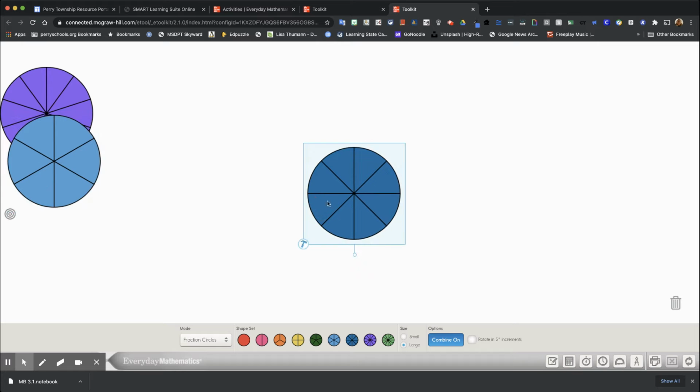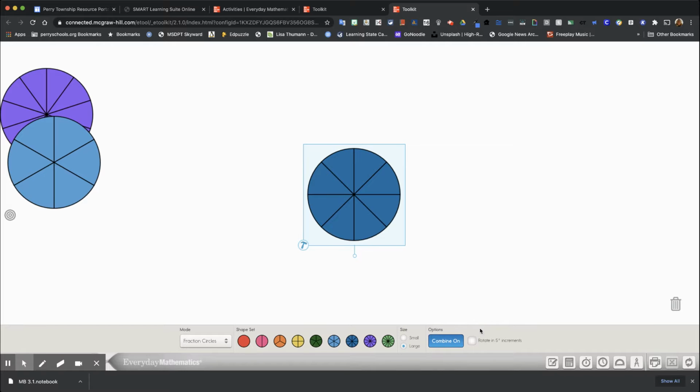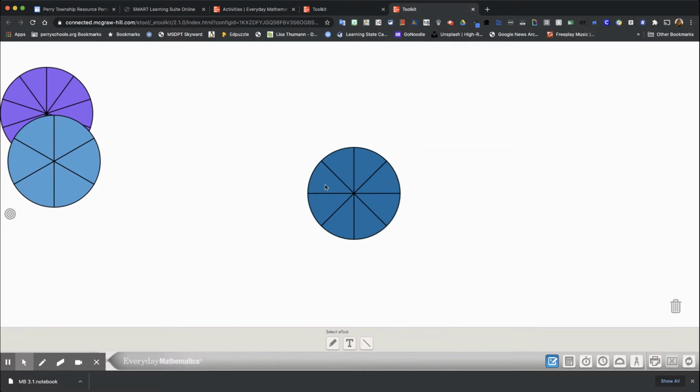And I'm seeing that we actually have 4 people. Okay, there's 8 pieces of this, but there's 4 people total. So I'm going to actually write on this. I'm going to say this is going to be person 1, person 2, person 3, person 4, then person 1, person 2, person 3, and person 4.